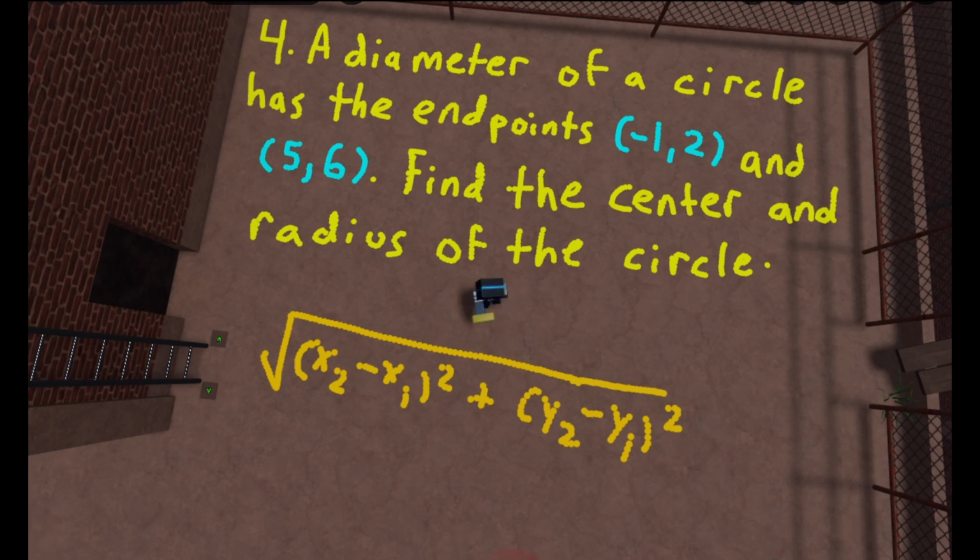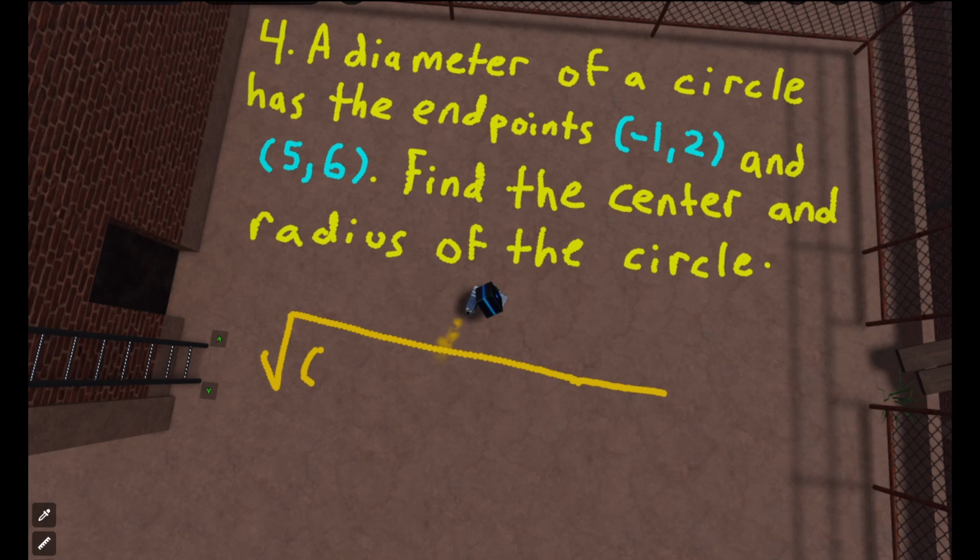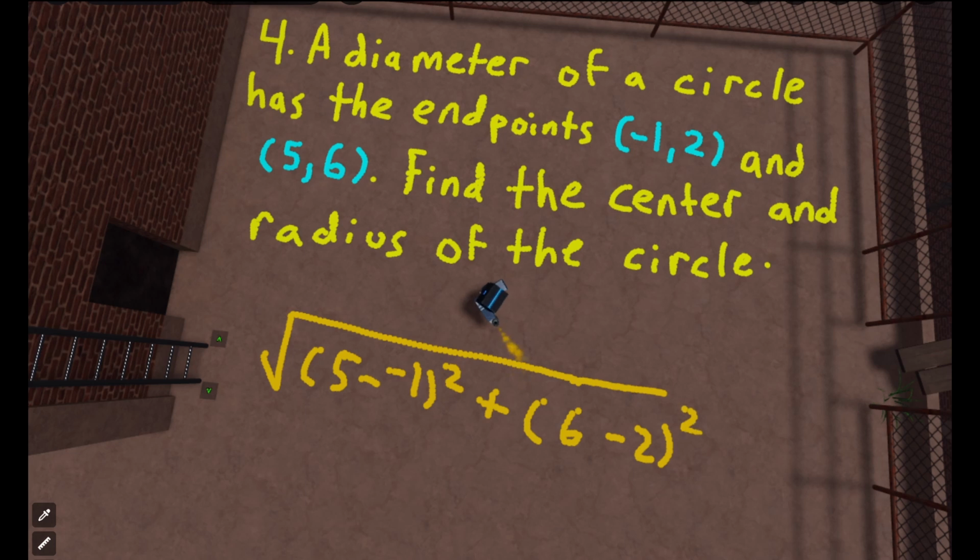So let's just put in numbers and solve. x2 minus x1 is going to be 5 minus negative 1, square that, and then y2 minus y1 is going to be 6 minus 2. Square that. And let's just compute this.